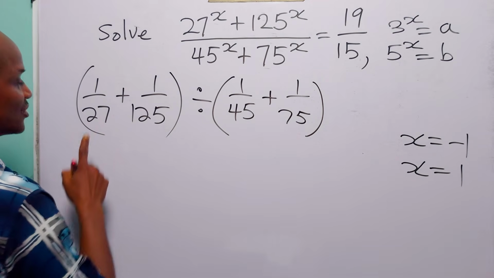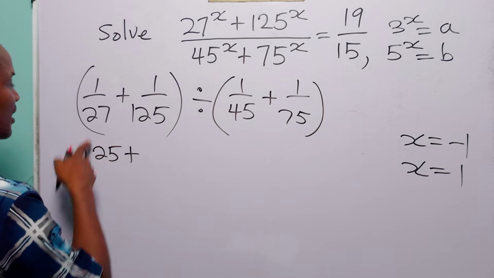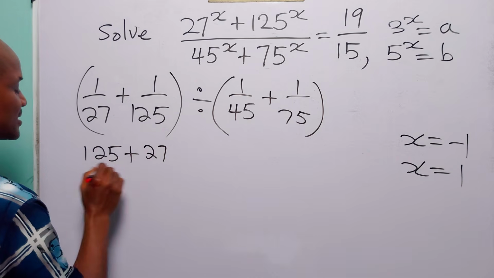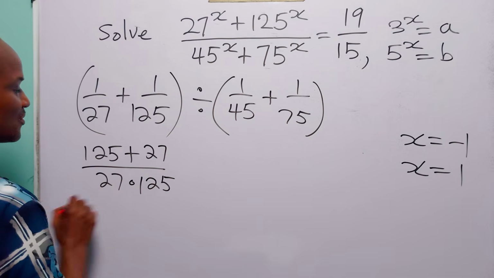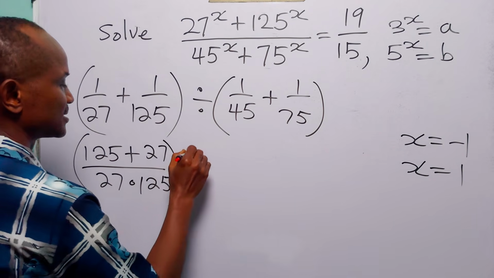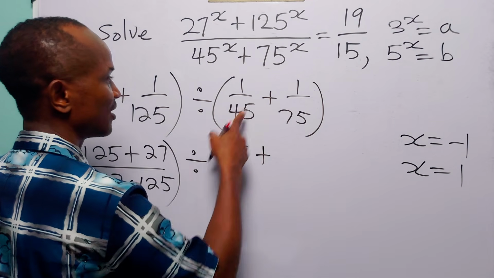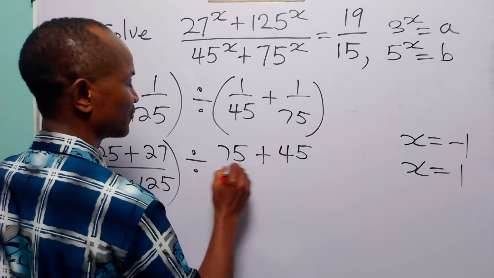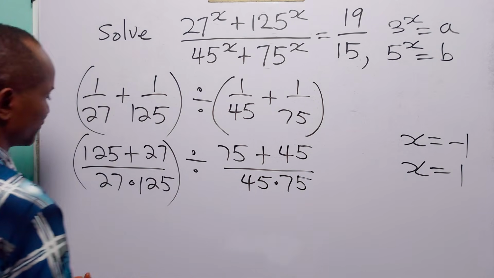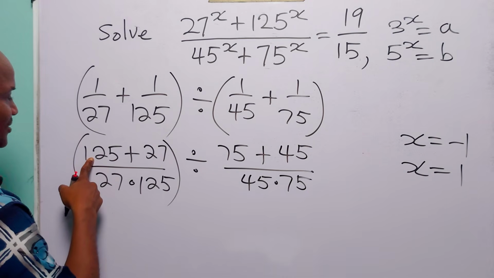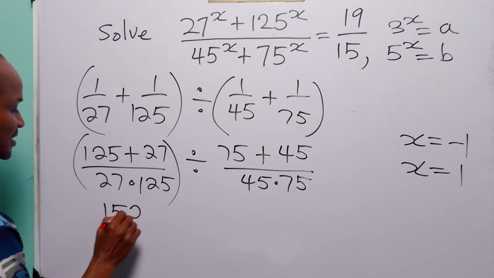To combine these two fractions into one unit, we have 1 times 125, that is 125, plus 27 times 1, that is 27, divided by 27 times 125. Now, this is divided by 1 times 75, that is 75, plus 45 times 1, that is 45, divided by 45 times 75. 125 plus 27 is 152.